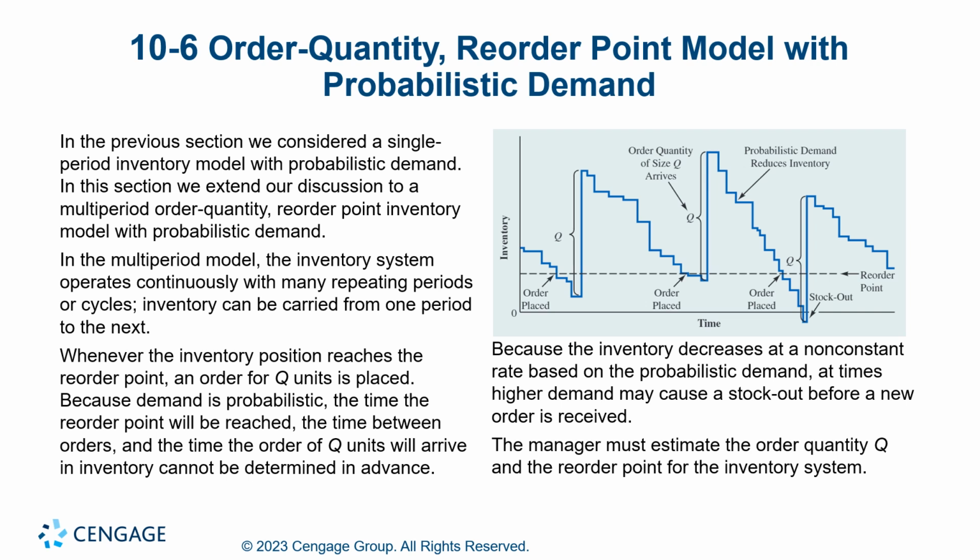Go to the next subtopic, the order quantity and reorder point model with probabilistic demand. Just now we considered a single period inventory model with probabilistic demand, and here we extend our discussion to a multi-period order quantity reorder point inventory model with probabilistic demand.